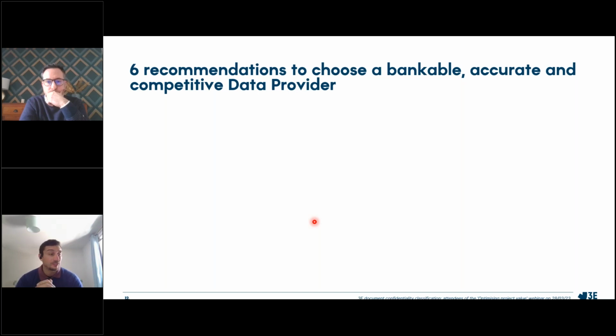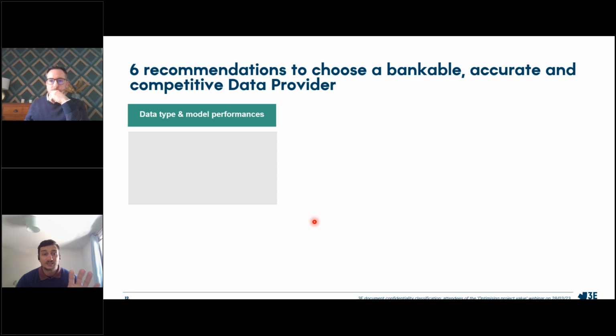Where can I find accurate data, or how do I select a bankable, accurate, and also competitive database or data provider? As a technical advisor, 3E, we do that on a daily basis for more than 20 years. So we have 6 recommendations to share with you on how to select a good data provider which ticks these 3 boxes: bankable, accurate, and competitive.